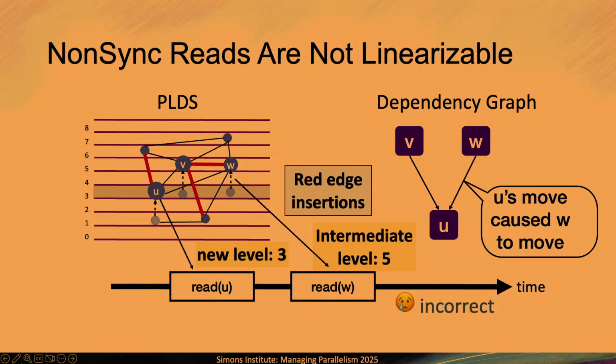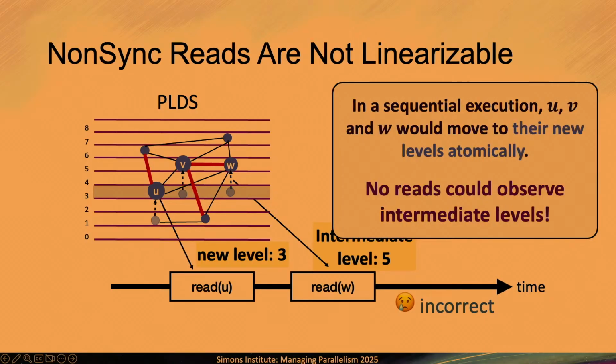So what you want is a consistent representation of U and W. With this update, U and W's level should have changed, whereas here, one of them changed to the new level, while the other one was still in an intermediate level. So in some sequential execution, U, V, W will move to their new levels atomically. And there you wouldn't get a combination of reads that give you a new level and then reads that give you some intermediate level at the same time.